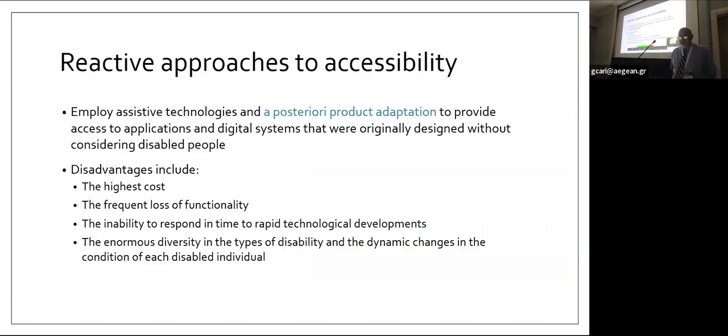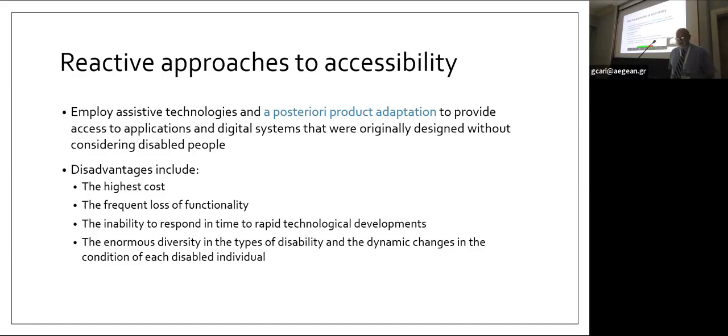Digital accessibility has been addressed as an important issue among researchers and practitioners in the field of ICT, information and communication technologies, since the early 80s.